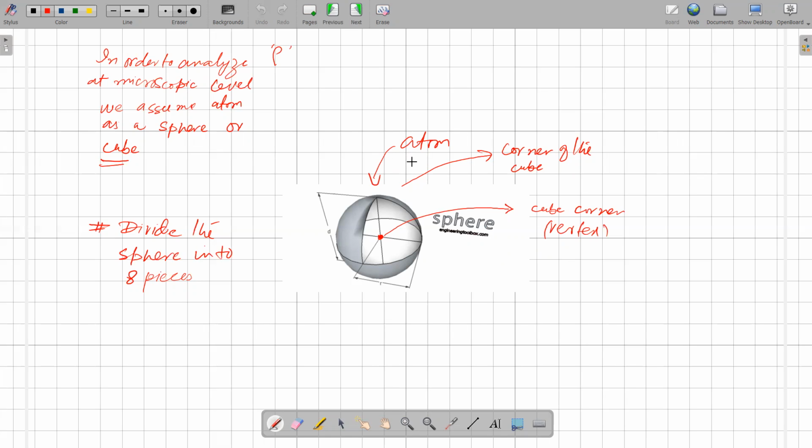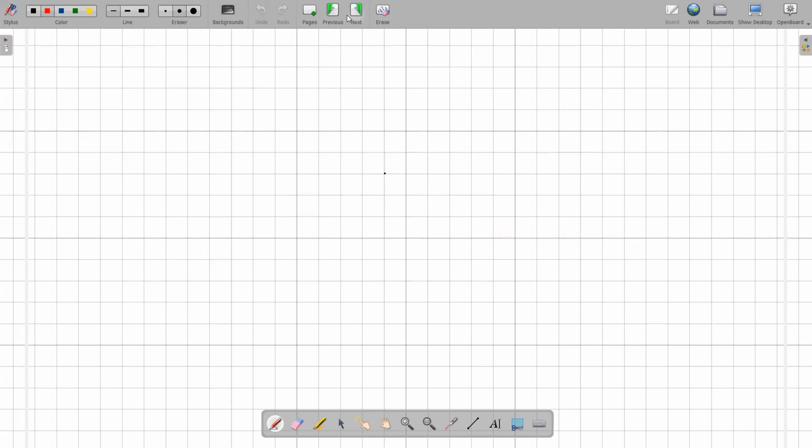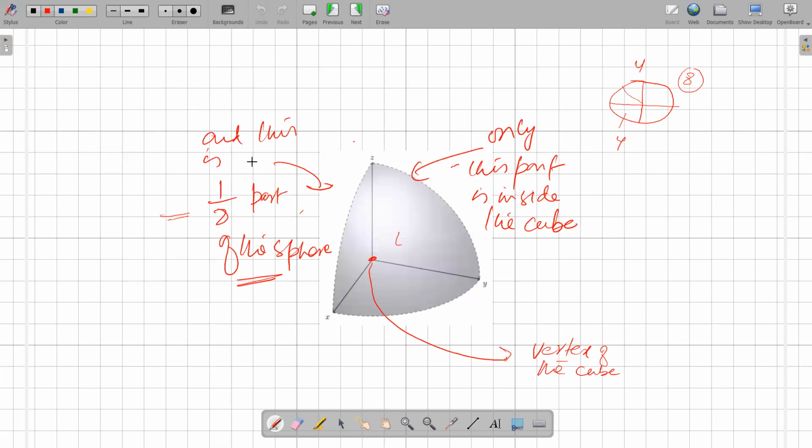The second thing we need to understand is that this is the 1/8 part of the sphere which is inside the cube, right? This is the vertex of the cube, and this part is inside the cube.